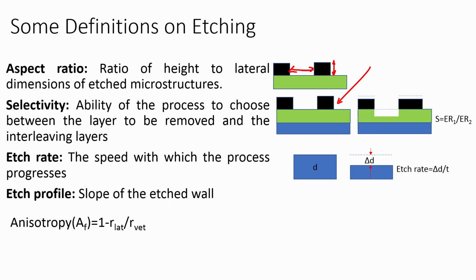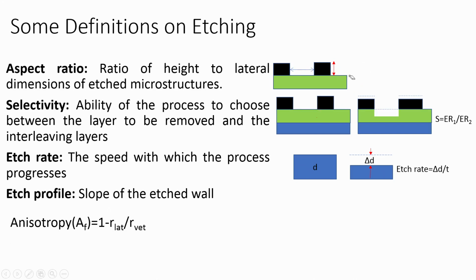We are selectively etching only this surface, you can see here, this green section is etched without affecting the black section. We are selectively etching this area. This is the selectivity, okay.